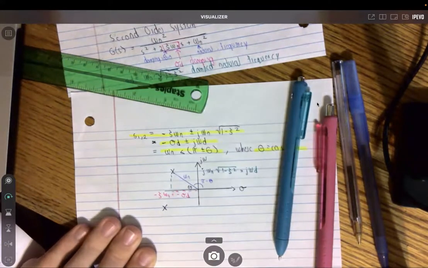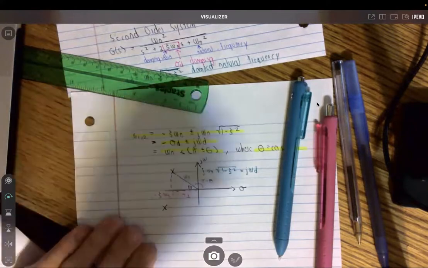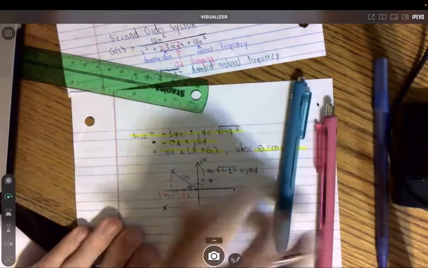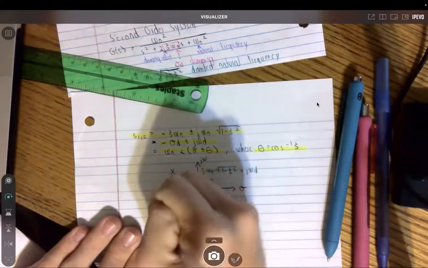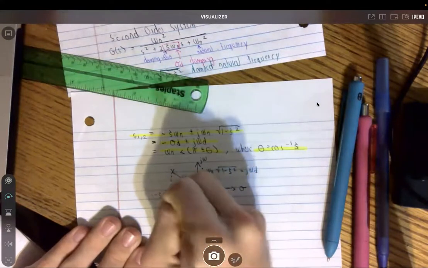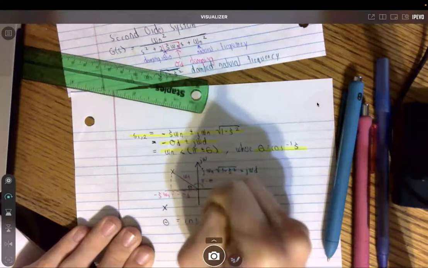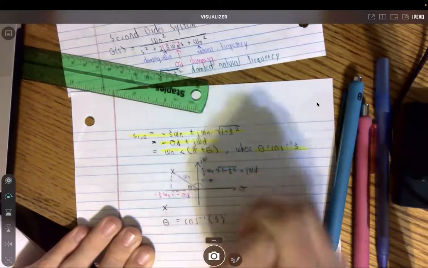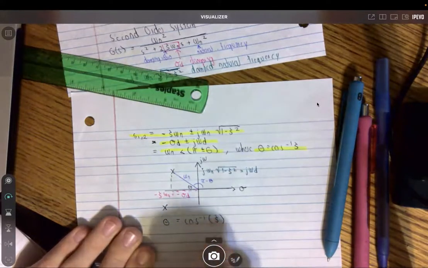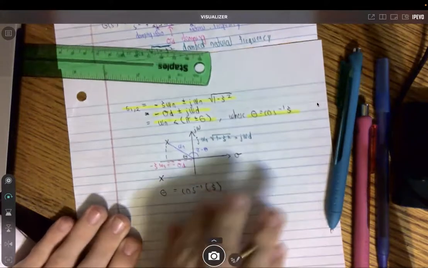A lot of times people might forget that you can easily calculate your zeta value from your angle. So remember, theta is equal to cosine inverse of zeta.